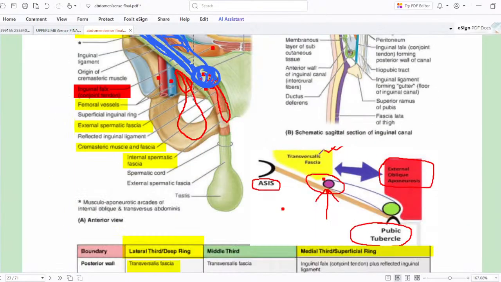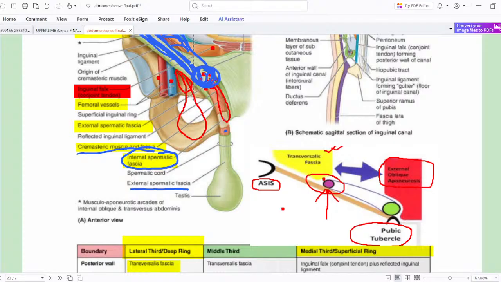Again, the same picture we have seen, and here they are showing these fascia. External spermatic fascia externally. Then we have cremasteric fascia, which is not seen here, a cremasteric muscle and the fascia here. And then we have internal spermatic fascia.